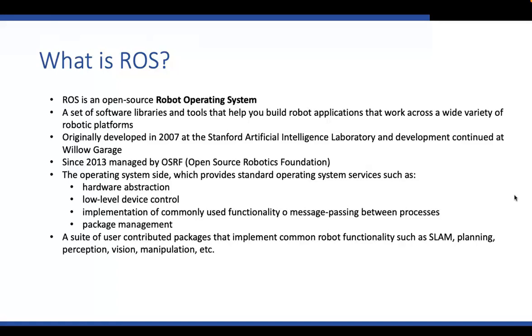Then it provides low-level device control, for example end effector controllers, where you want to change end stops or calibrate the robot, customizing its minimum and maximum angle for a rotational joint, which we call a revolute joint in robotics. It also implements commonly used messages for passing between processes.